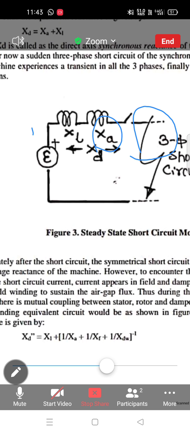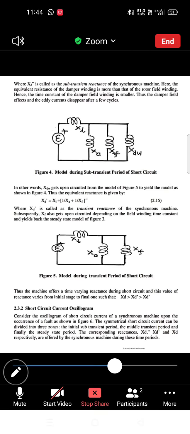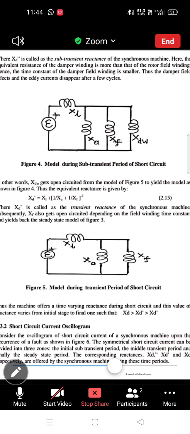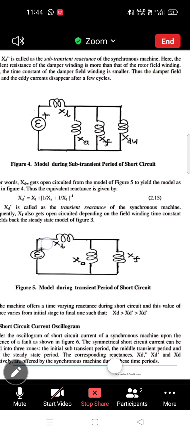This will be the reactance in the initial stage of the short circuit. So we can also say that it is the sub-transient reactance. Let's see more in detail. XD double dash is called the sub-transient reactance of the synchronous machine.